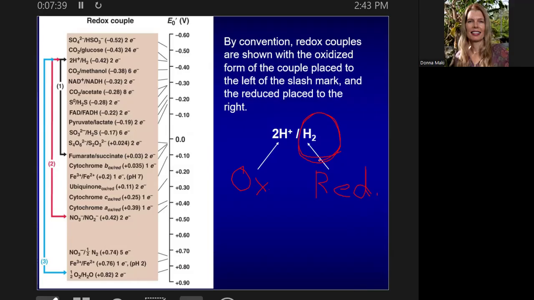And so H2 loves to give off electrons. Glucose does, NADH does, okay? So that's how you interpret what's going on on that part of the tower.